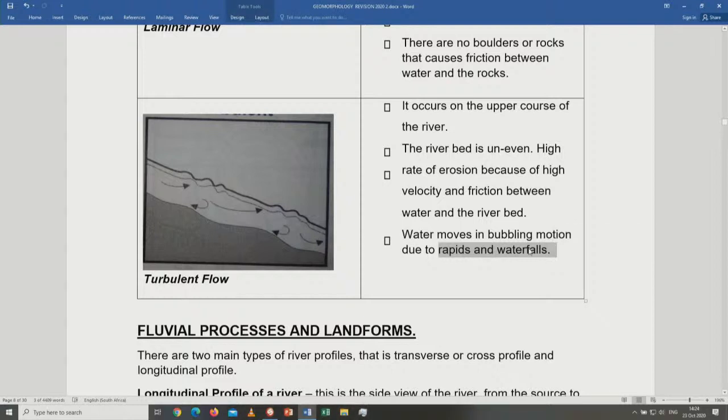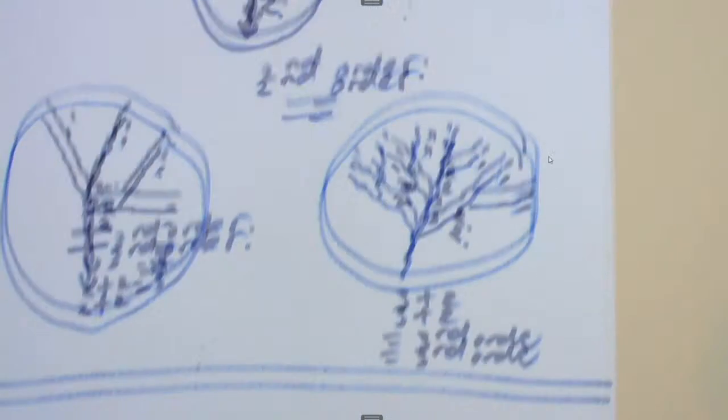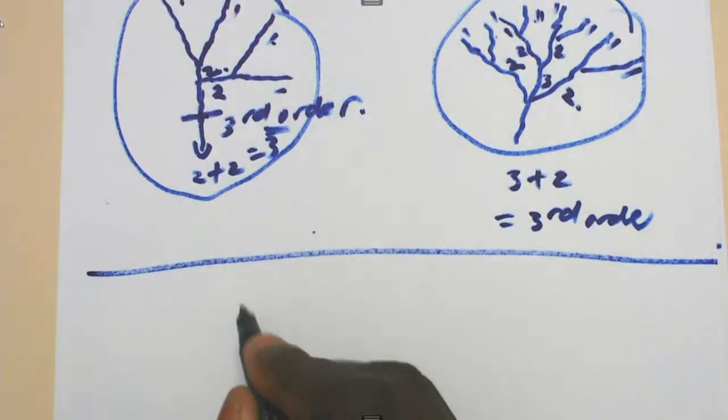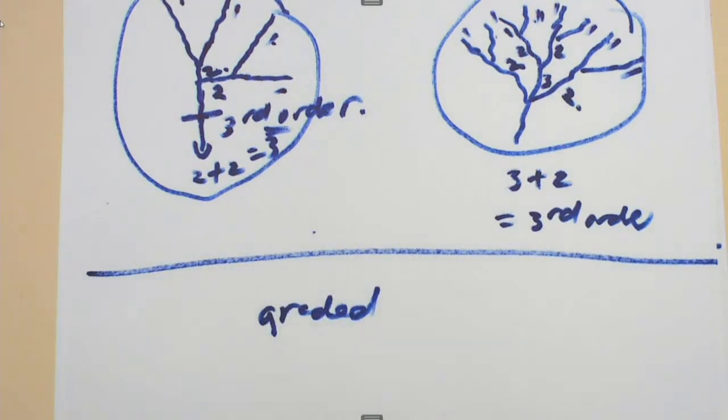So that means now, immediately when we are talking about the flow of a river, we'll also talk about the graded and also ungraded profile.